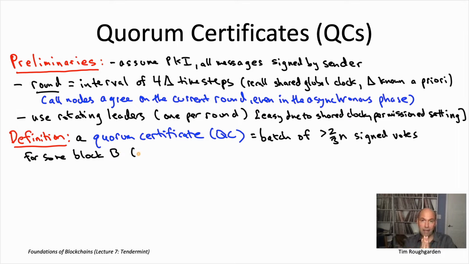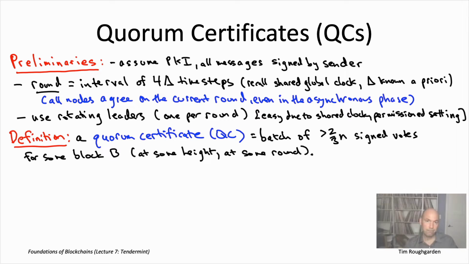All of the heights should match, so they should all be for block number 9. They should all correspond to the same round number 117, and they should also all be votes, meaning signatures on the exact same block, the exact same list of transactions, capital B. So that's what we mean by a successful outcome of a voting stage. If a supermajority of nodes attest to some block B being their candidate, for a given block number at a given round, that is what we call a quorum certificate, or a QC.